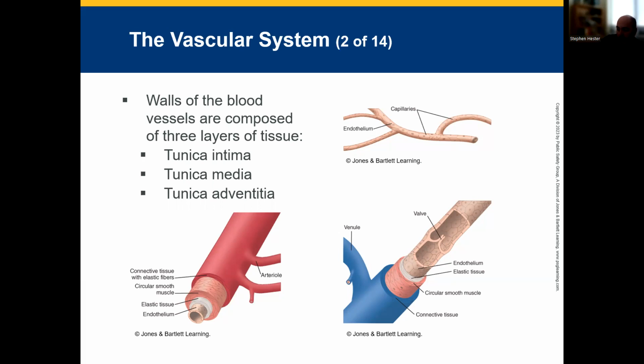When we have arterial bleeds, this is why the blood is so much redder, because of the oxygen carrying capability there. Then we come back via the veins, and it doesn't have as much oxygen because we've had that exchange. We've got that waste coming back through the venous system, and we don't have as much pressure because it's just going back to the heart to be pumped out again.